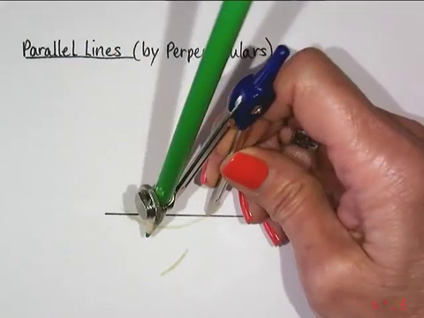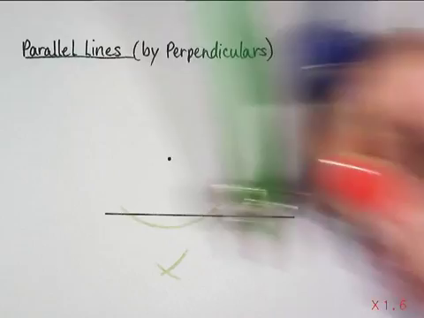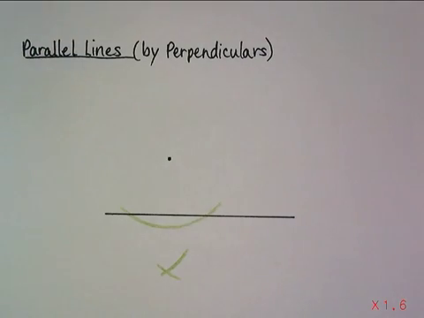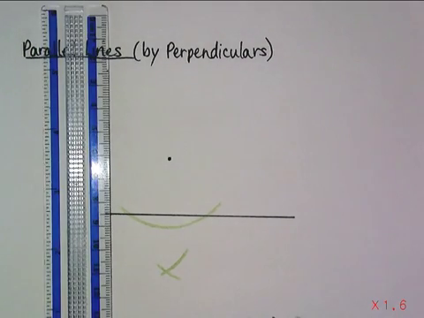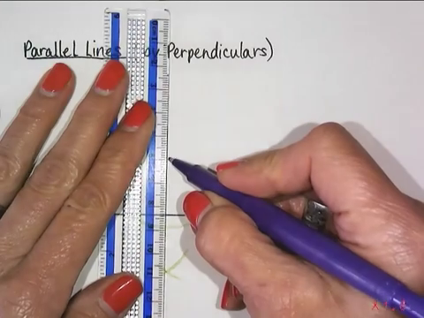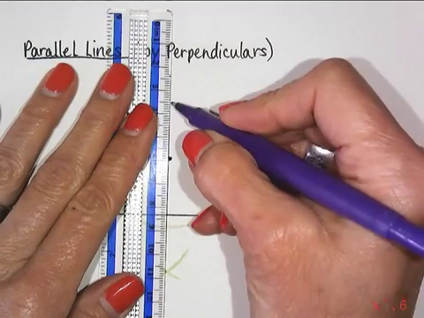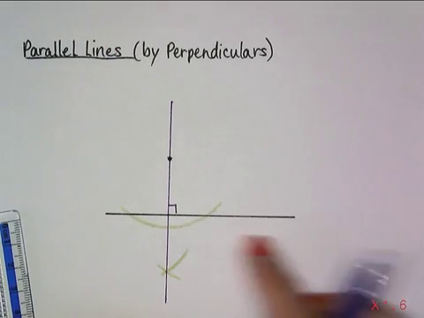Notice I haven't changed my compass setting. That sometimes just makes life easier. Then I'm going to draw a line connecting this point of intersection to this point that I gave myself a few minutes ago.